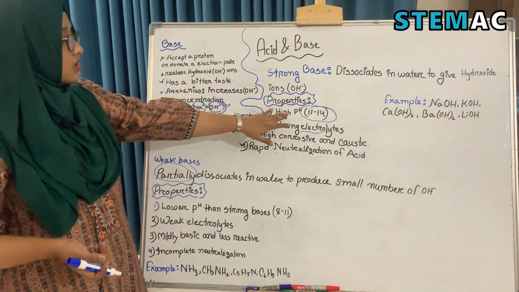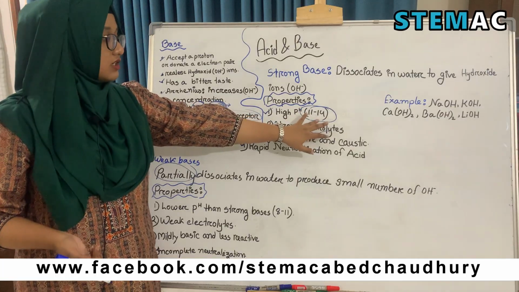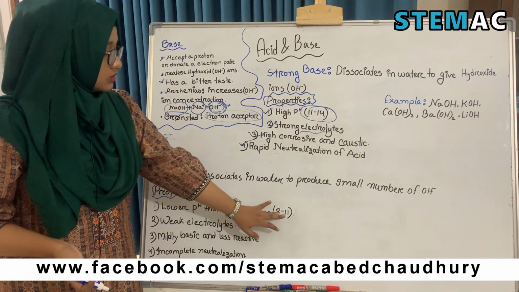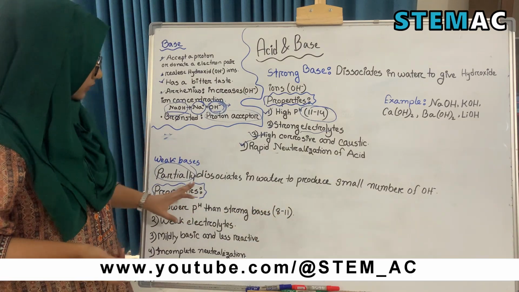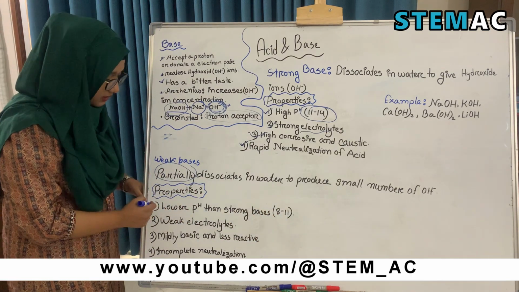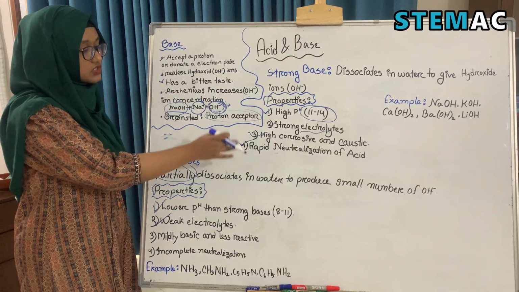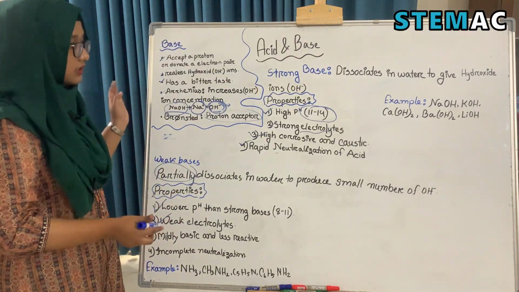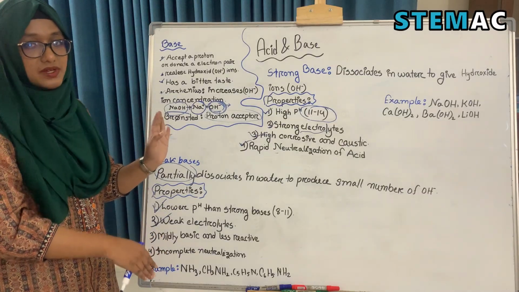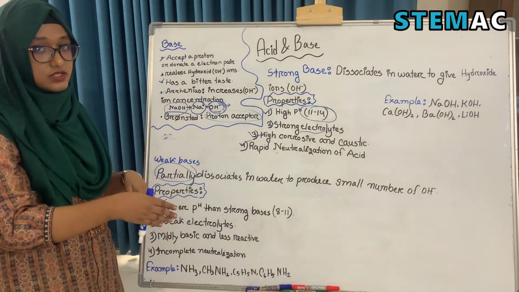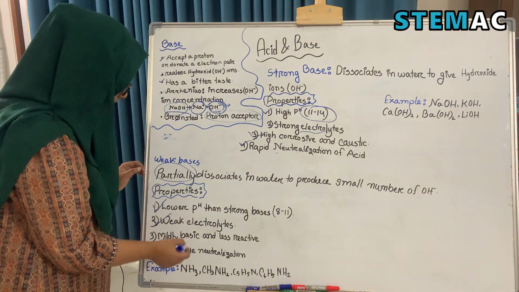In strong bases we see a pH of 11 to 14, high pH, and here we see 8 to 11 for weak bases. They are weak electrolytes, whereas strong bases are strong electrolytes. You can use this information as the differentiation. If we learn it through differentiation, it becomes easily memorable.